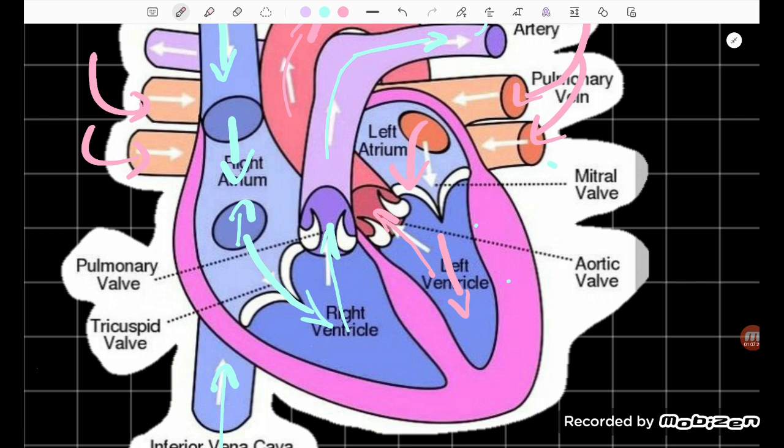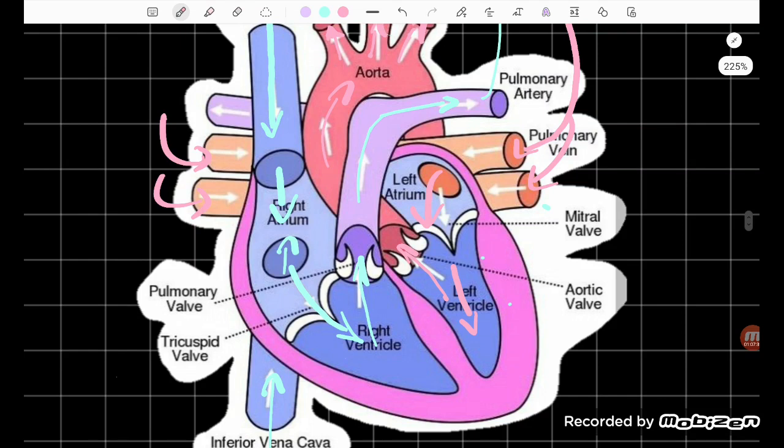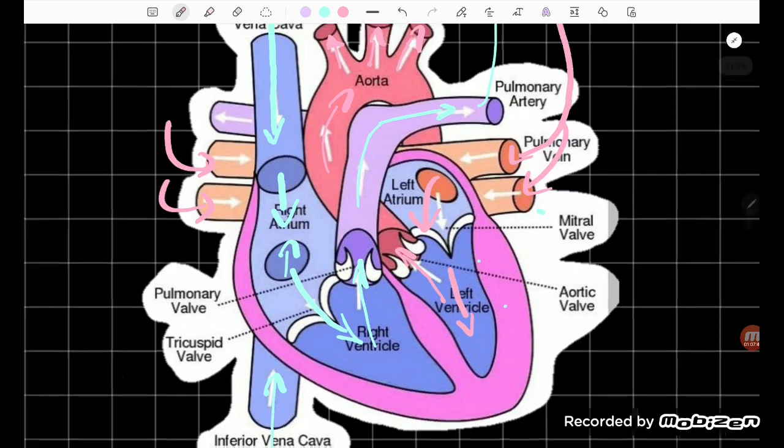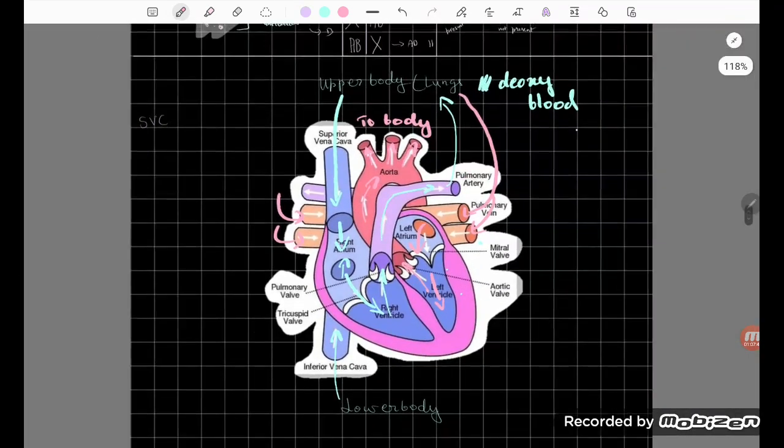Along with that, you can see two other valves which are half semi-lunar shaped. So these are called semi-lunar valves, and they are towards the side where the ventricles meet the pulmonary artery and aorta. This is the pulmonary valve and aortic valve respectively.